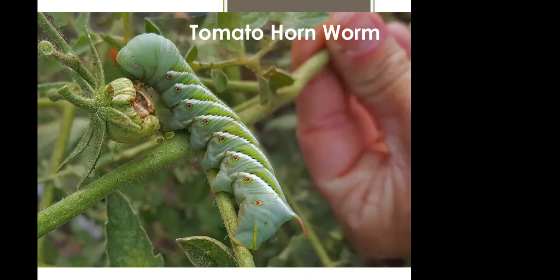And sometimes it's hard to spot because it is green. So what you have to do is look for the damage: eaten up leaves, some chewed up stems sometimes, and eaten tomatoes. You've got to be out there on the lookout for the signs of damage because you don't normally see the culprit first, but you can definitely see the signs first.